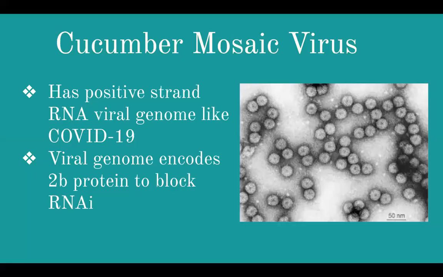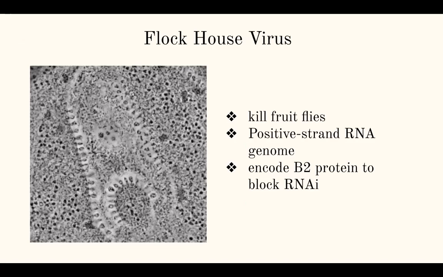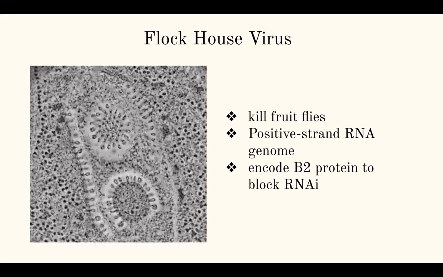So one example of a plant virus would be cucumber mosaic virus. The cucumber mosaic virus has a positive strand RNA viral genome like COVID-19, and the viral genome encodes 2B protein to block RNA interference. And then the flockhouse virus is present in insects and can kill fruit flies.